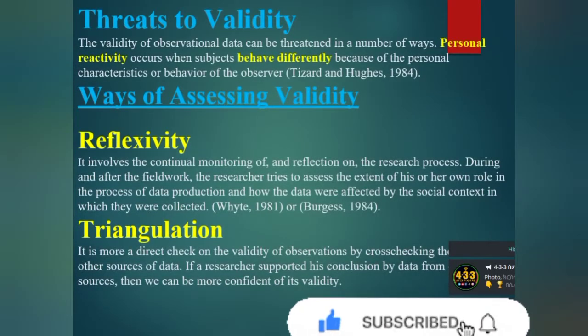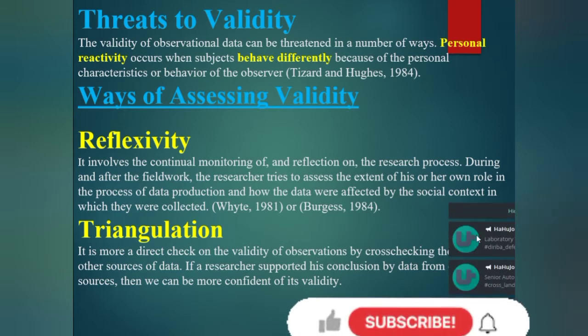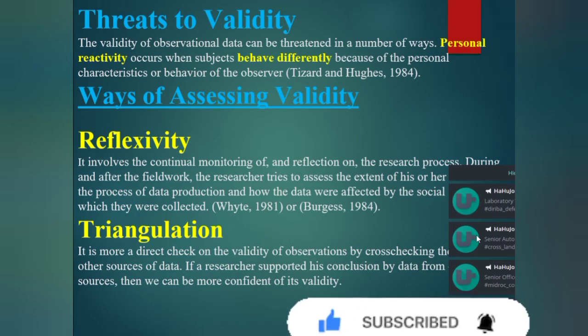Threats to validity. The validity of observation data can be threatened in a number of ways. Personal reactivity occurs when subjects behave differently because of the personal characteristics or behavior of the observer. Tizard and Hughes, 1984. Ways of assessing validity.